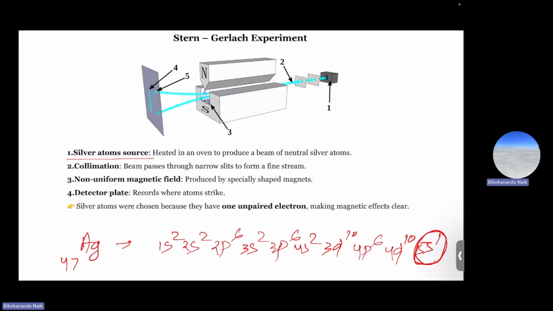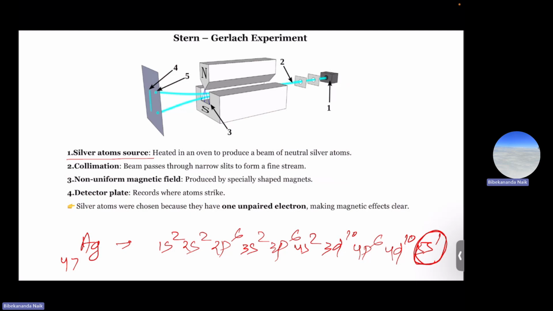In the experiment, the silver atoms were heated in an oven, then collimated to form a beam, and that beam was passed through a non-uniform magnetic field. Why a non-uniform magnetic field?